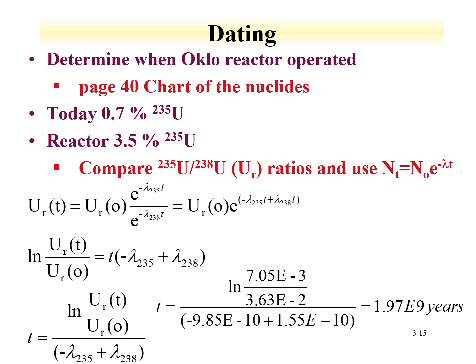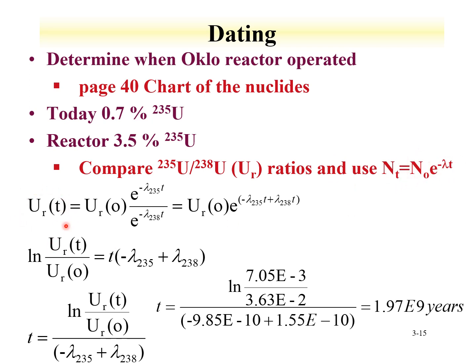So let's compare the 235 to 238, we'll call it this uranium ratio, and use our regular decay equation. So we need to just set up the ratios. The ratio of uranium today is equal to the initial ratio times, we have to take the decay constants for the 235 and the 238, since we're using a ratio of 235 and 238.